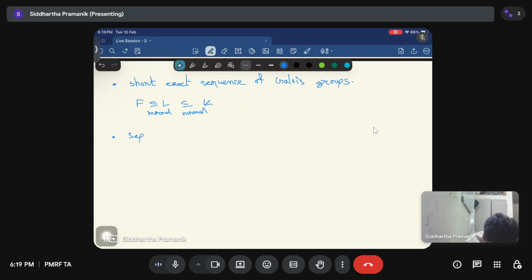So separable extensions, and we have seen that every finite extension of a characteristic zero field or of a finite field is always separable, or more generally, a finite extension of a perfect field is always separable.